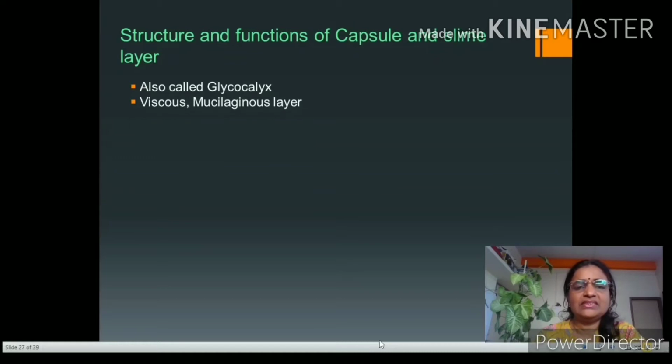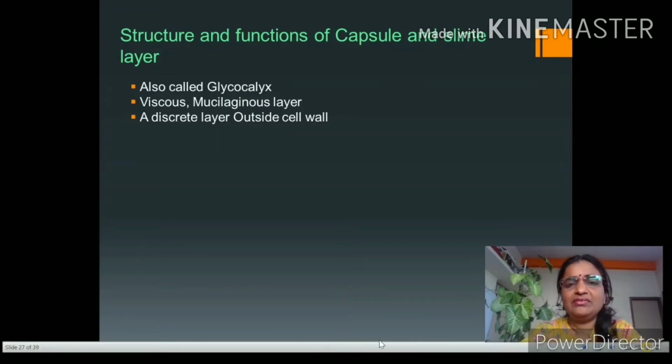They are a viscous mucilaginous, discrete layer present on the cell surface. So capsules can be defined as viscous mucilaginous discrete layers present outside the cell surface, also called glycocalyx. They perform many different functions important for the cell.